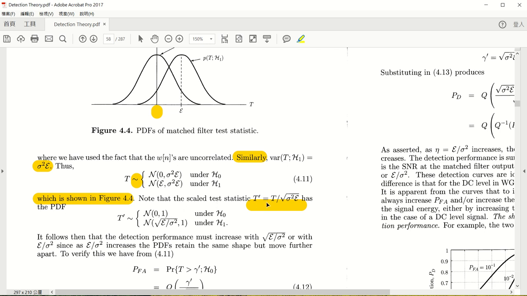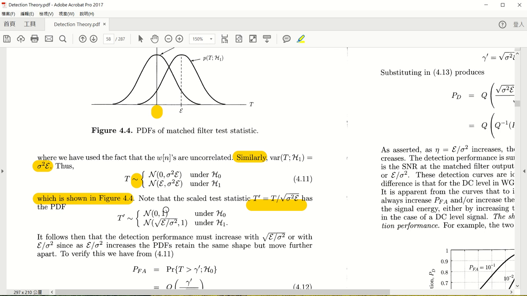The reason for that is, if you use what you have learned in probability theory and do the derivation, you find that this T prime has 1 as the variance.